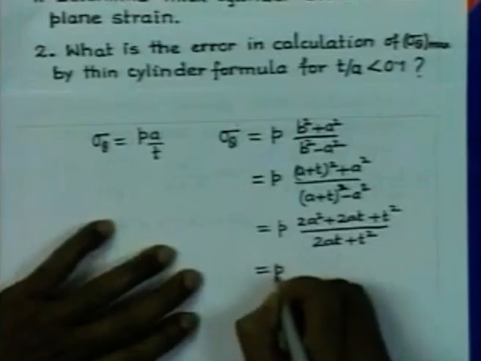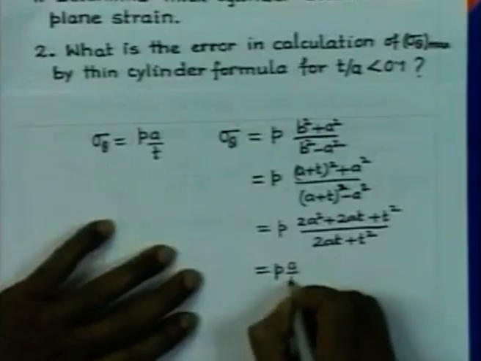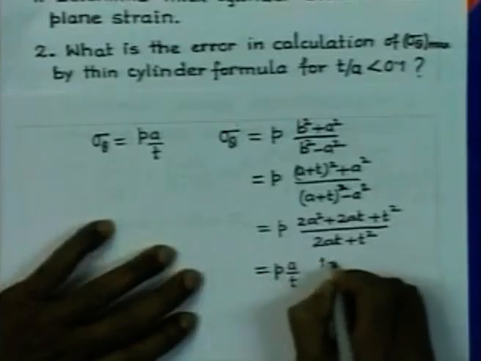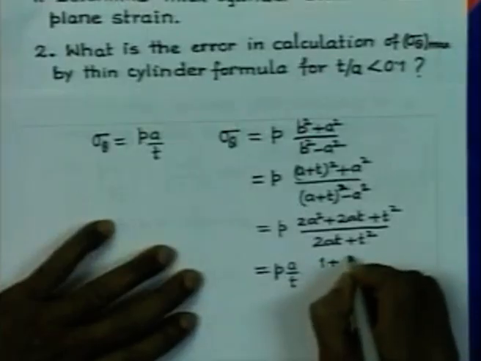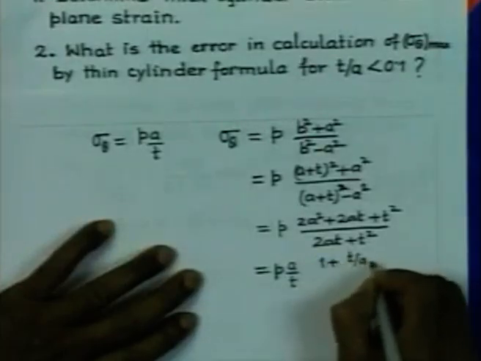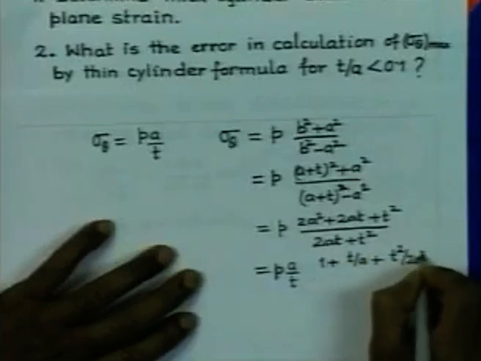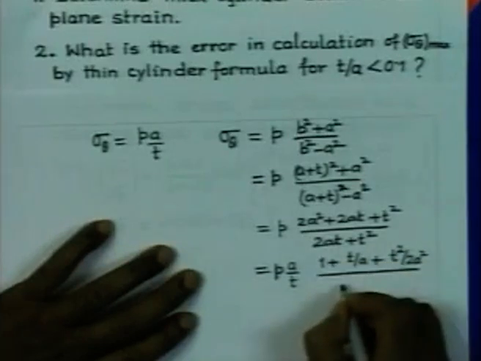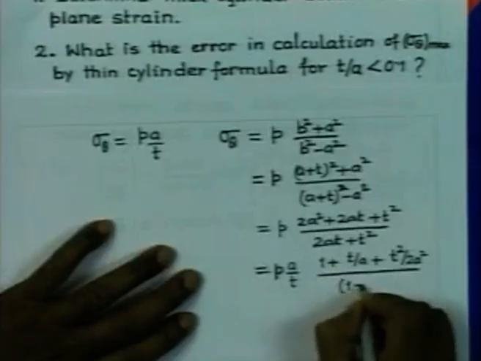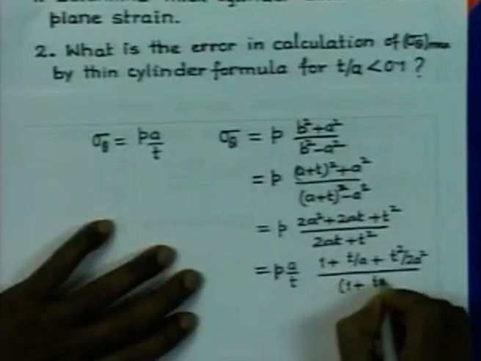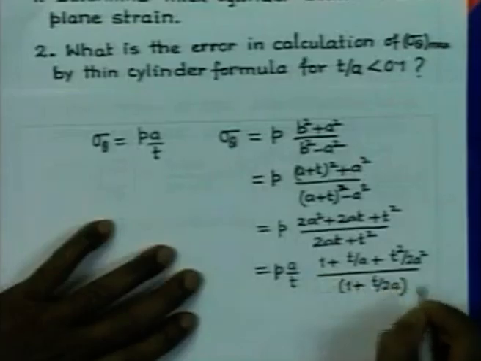So, this will give us P A by T, and this one will turn out to be T by A plus T square by 2A square, and the numerator is going to be 1 plus T by 2A.